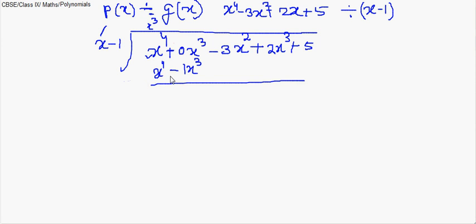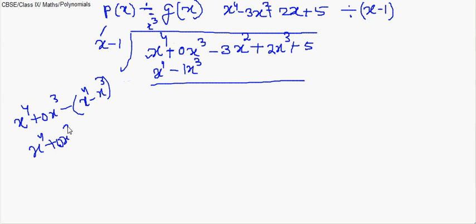So if I write it in rough, just to explain, the symbols get changed. It would ultimately become x^4 plus 0x cube minus x^4 plus x cube.